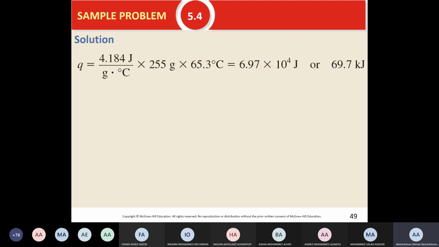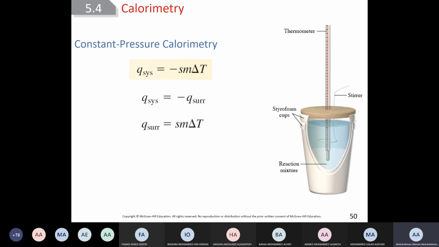Okay, next. This is called a cup calorimeter. Don't forget it's a cup, the cup that we use for coffee. That's why they call this one cup calorimeter. Why did we call it cup? Because it's a cup, right? When we say meter, what's this? It means measurement.